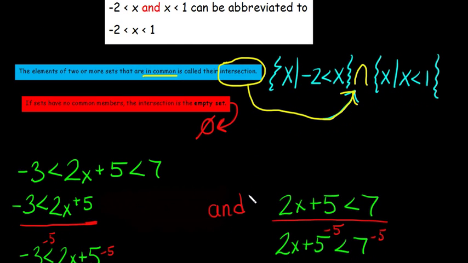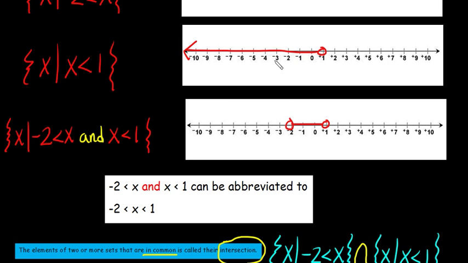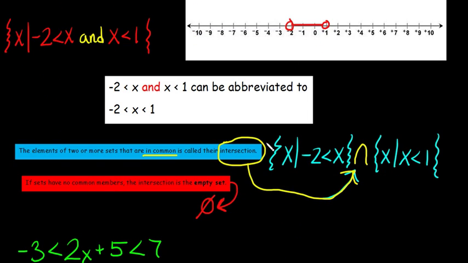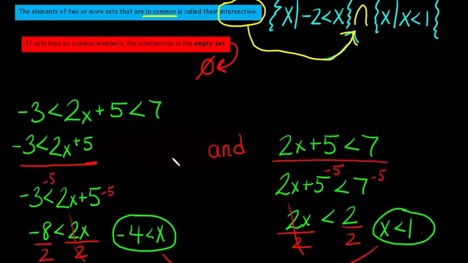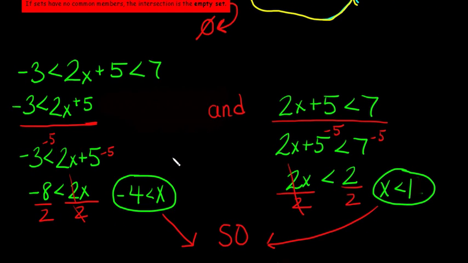All right, so I worked one out here without showing you on the number line as an example. We'll do some of both in class. All right, so down here I wrote negative 3 is less than 2x plus 5, that's less than 7. This is a big inequality right here.